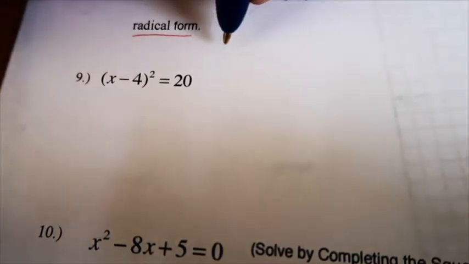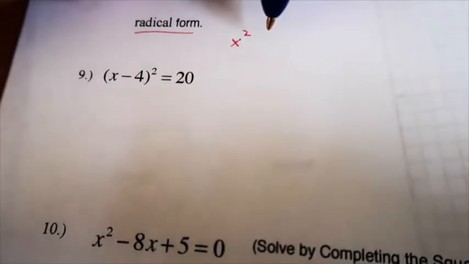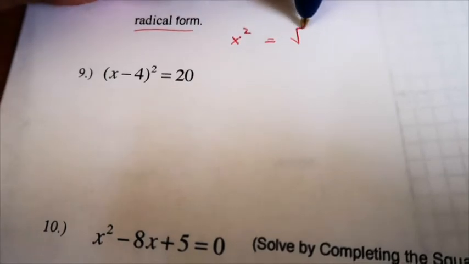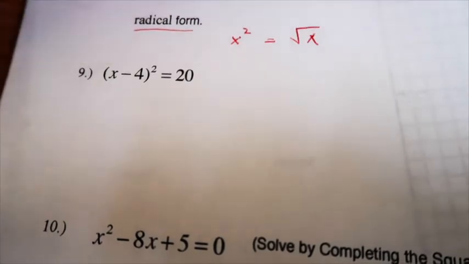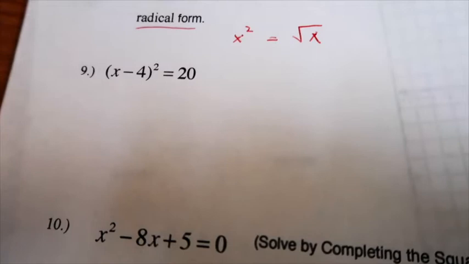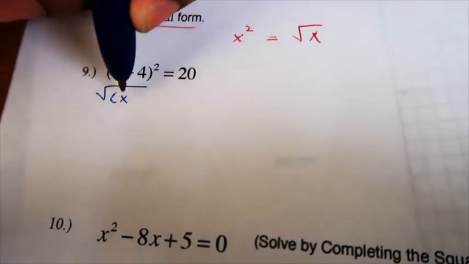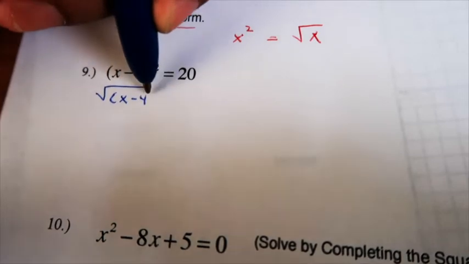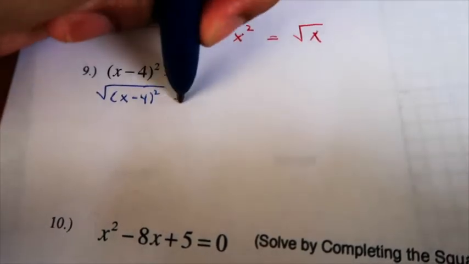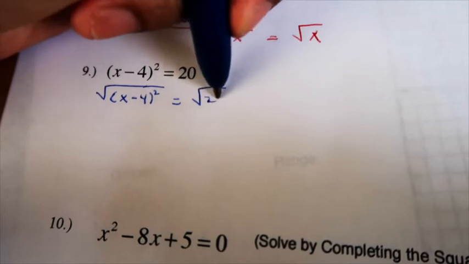So for this one, we have to use an inverse function. We know the inverse function of x squared is the square root of x. So we'll have the square root of (x − 4)² equals the square root of 20.